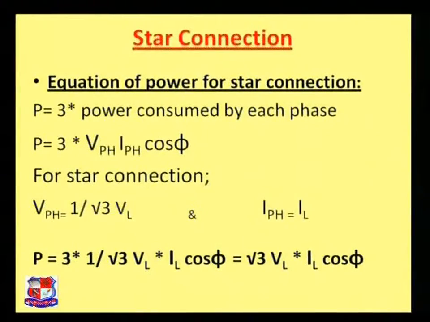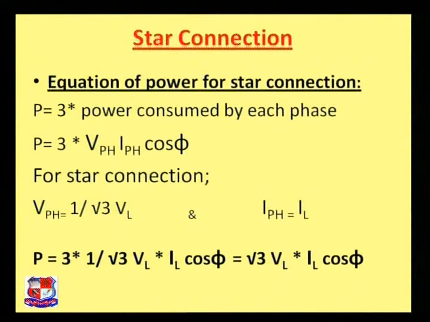Now next, for the power dissipated in a star connection, there are normally three values we have to find: voltage, current and power. Power is nothing but the product of the voltage and the current, and this is the AC form and a polyphase circuit for the star connection.